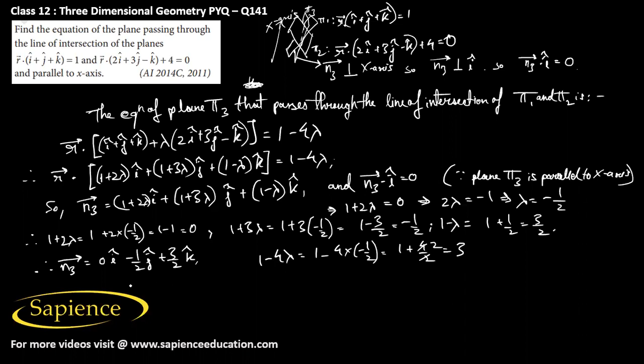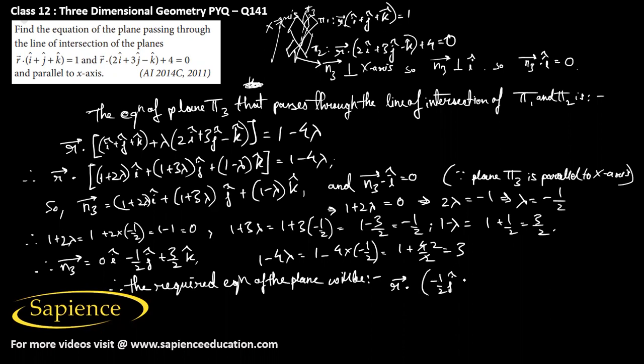Then, therefore, the required equation of the plane will be r vector dot n3, that is (minus 1 by 2 j cap plus 3 by 2 k cap).